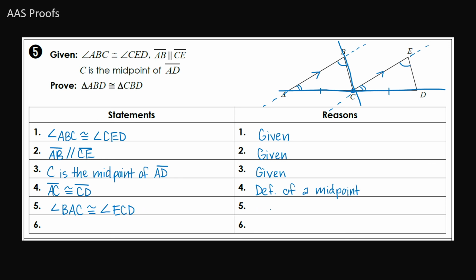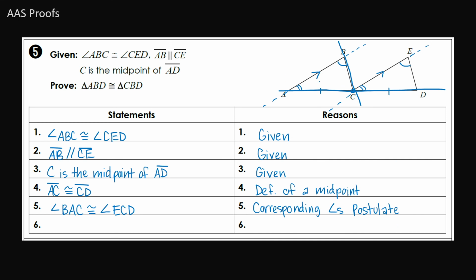And that's true because of the corresponding angles postulate. I know this one is a bit of a throwback, but all of these parallel line theorems and postulates are going to be coming back. So due to the corresponding angles postulate, angle BAC is congruent to angle ECD.